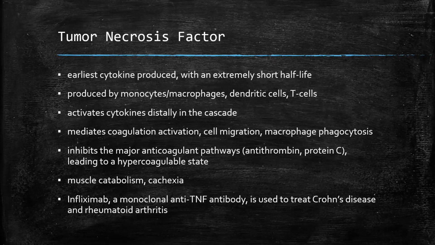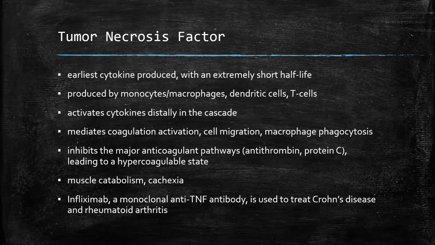I'll spend just a few minutes talking about some of the most well-known cytokines. And tumor necrosis factor was really the first one identified, the first one studied. As you might guess, it was first identified in tumors, and hence its name. It seems to be the earliest cytokine produced in the cascade, but it has an extremely short half-life. It's not around for very long.